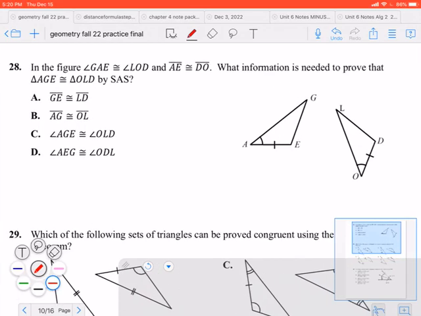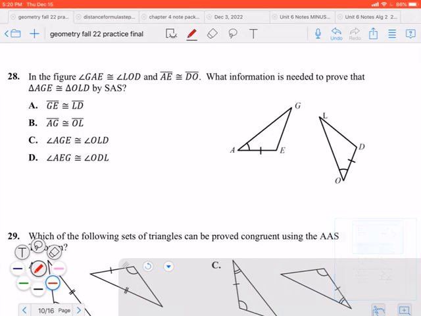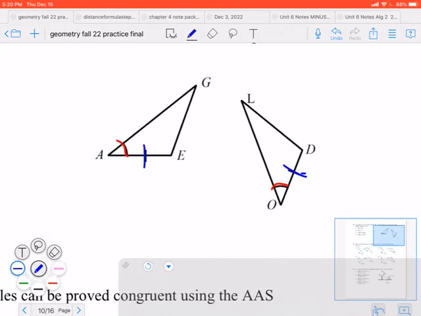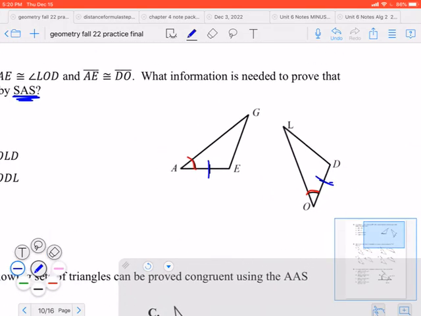Number 28. In the figure, GAE is congruent to LOD, which they've marked. AE is congruent to DO, which they've marked. What information is needed to prove that AGE is congruent to OLD, the triangles, by SAS? So what would I need for it to be SAS?